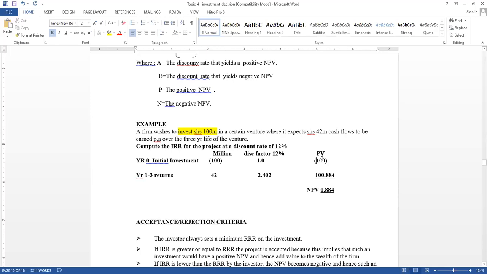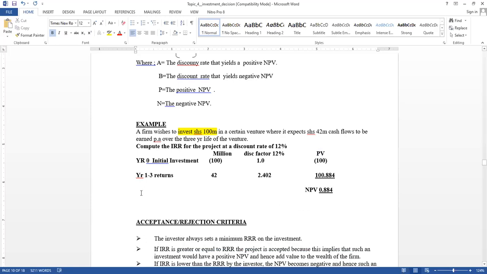Because when you add these two, remember one is a negative. So the net. Because the initial investment is always a negative. It's an outflow.